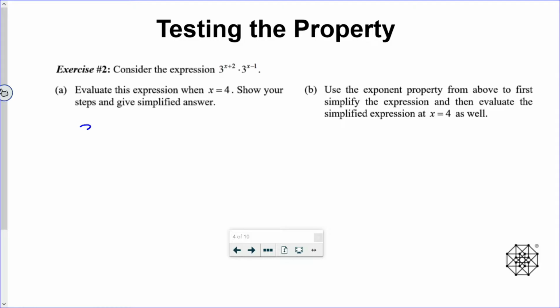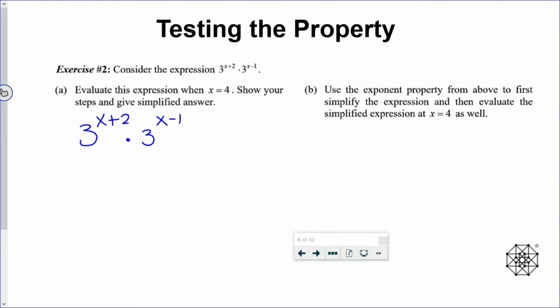We've got 3 to the x plus 2 times 3 to the x minus 1. I just want to figure out what this is when x is 4. So, just like we do with any expression, I've got 3 to the 4 plus 2 times 3 to the 4 minus 1. That's going to be 3 to the 6th times 3 to the 3rd.